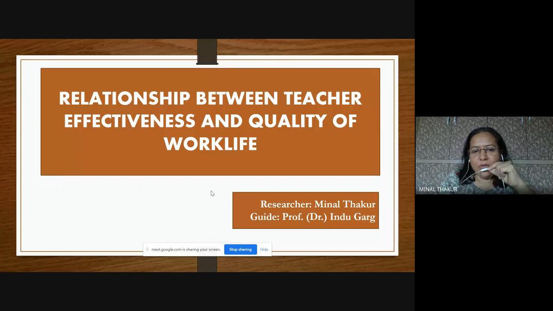I had 2 important topics to study: one is teacher effectiveness, and the second is quality of work life. And what did I study in these 2 topics? The relationship. Therefore, the title of the paper is Relationship between Teacher Effectiveness and Quality of Work Life.